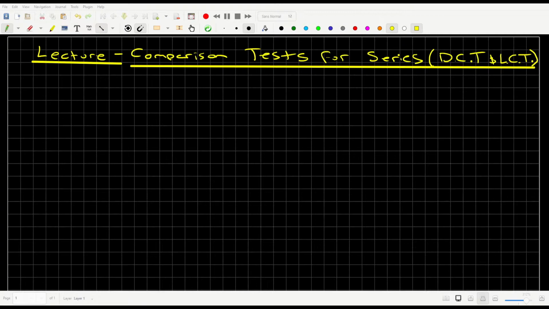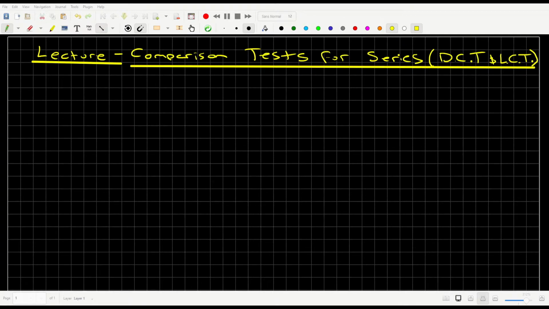So today's lecture will be a quick lecture on two very important comparison tests for judging the convergence or divergence of infinite series. And luckily these tests are very similar to two previous tests that we studied for improper integrals.